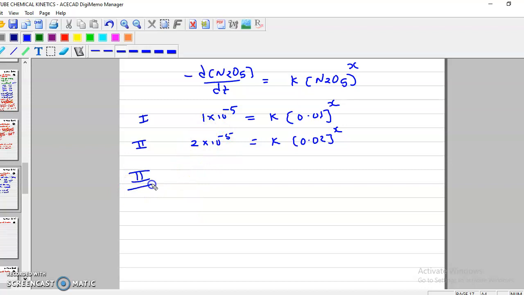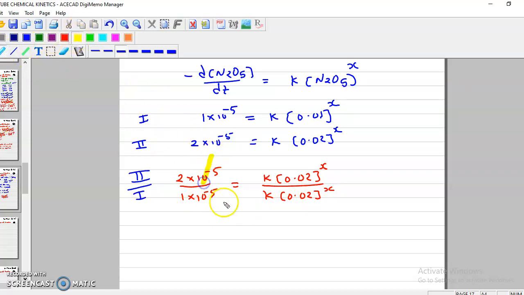So we get 2 into 10 raised to minus 5 upon 1 into 10 raised to minus 5 is equal to K into 0.02 raised to X upon K into 0.01 raised to X. Here you can see that 10 raised to minus 5 will be cancelled, K is also cancelled. Sorry, here it is 0.01.